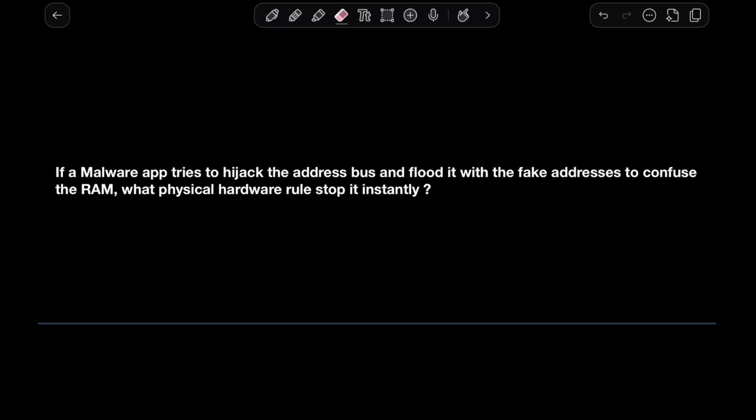And the answer is the physical hardware layout itself. How? We know that the address bus circuitry is physically printed on the motherboard to only accept the electrical output from the CPU pins.